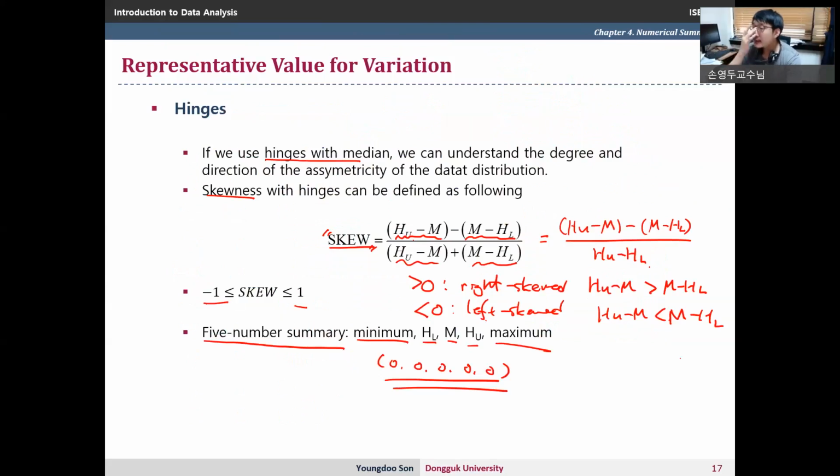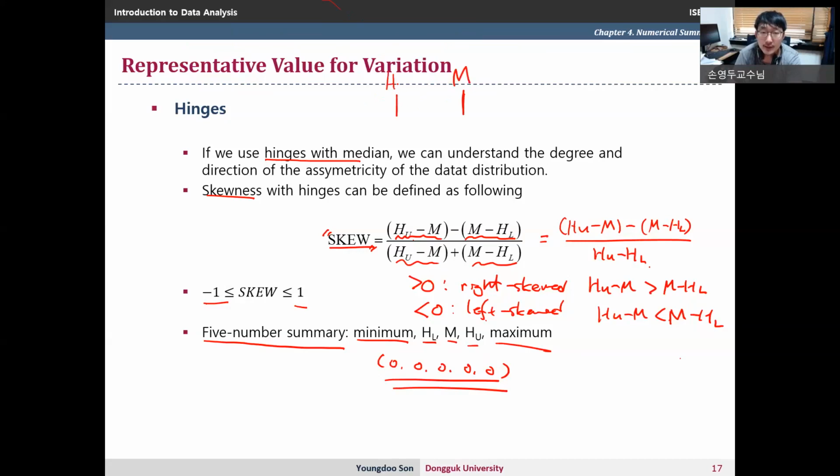And from these hinges, we can also observe how asymmetric the data distribution is. So we define skewness with the hinges and median here, like this. We use the difference between the median and hinges.